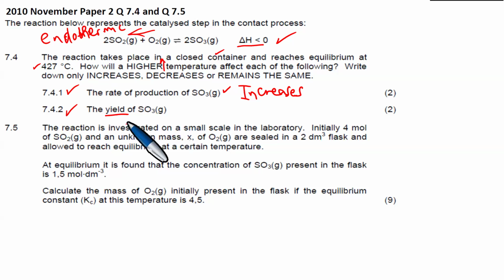Which means the yield of SO3 decreases. Why? The rate of production of SO3 increases, but the yield decreases.